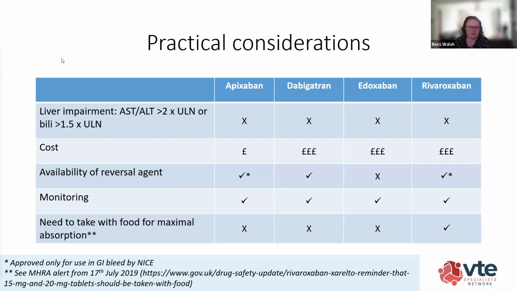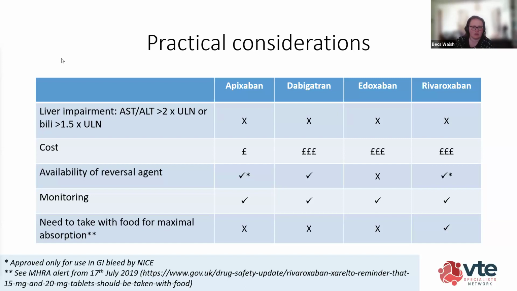Now, even since I've written this slide, things have changed in terms of the cost of DOACs, because there's some suggestion that rivaroxaban is available generically. We certainly are seeing the cost of apixaban significantly reduced since the unfortunate, for BMS, court ruling, which invalidated the patent.